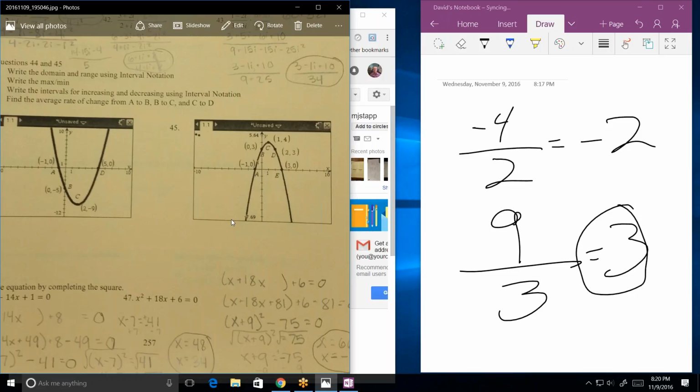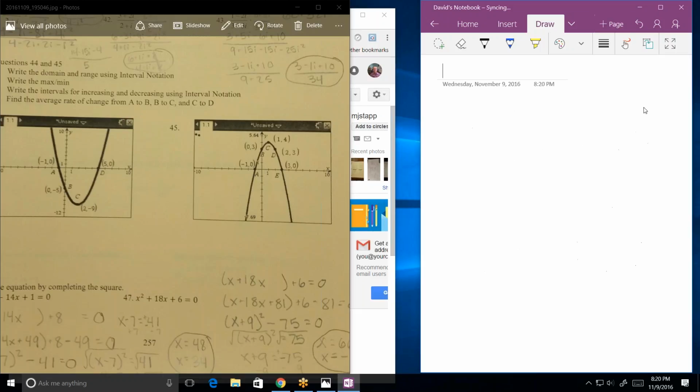It'd be 4 to negative infinity. Good. How would I write it in interval notation? You would do a bracket around 4, and then negative infinity. The only thing I don't like about that is it goes from up to down.